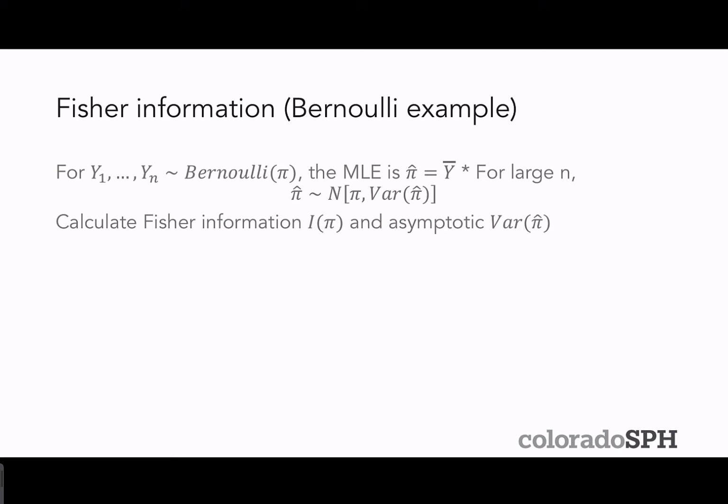So here I'm going to show you an example of how to actually calculate the Fisher information using our favorite distribution, the Bernoulli distribution. So I'm going to calculate this using the expected information, but then I'll show you an observed example in the next couple slides, and you'll see that they're equivalent.